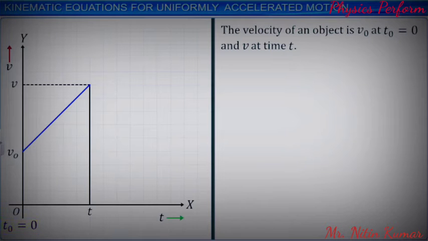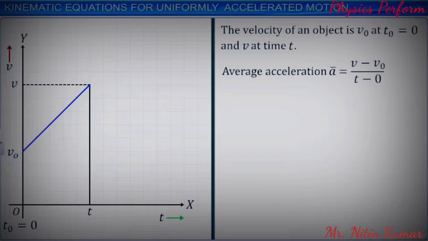Average acceleration, a dash, is the ratio of the difference between v and v0 and the difference between t and 0. The value of a dash is equal to acceleration when acceleration is constant.